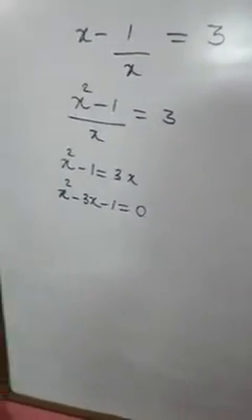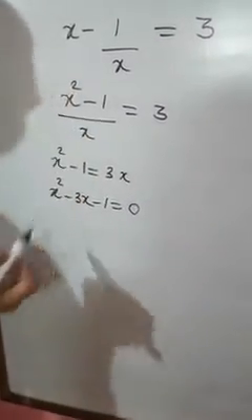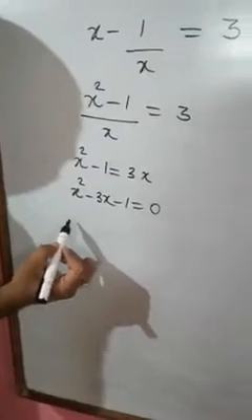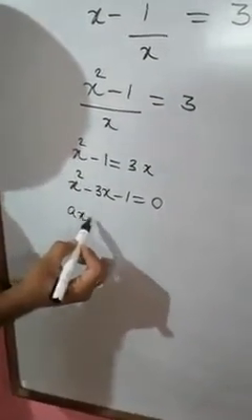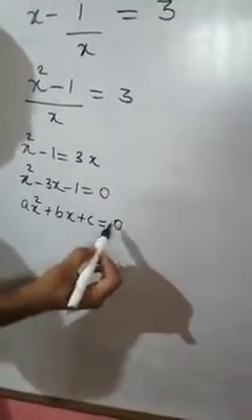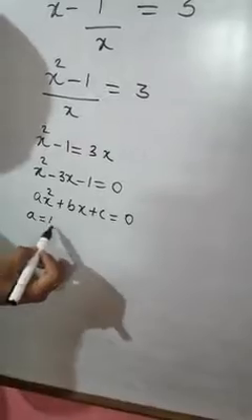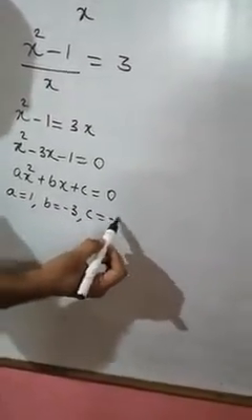Now you can see this is in the form of a quadratic equation, so we can apply the quadratic formula. When we compare this equation with the quadratic equation ax square plus bx plus c equal to 0, we get a equal to 1, b equal to minus 3, c equal to minus 1.